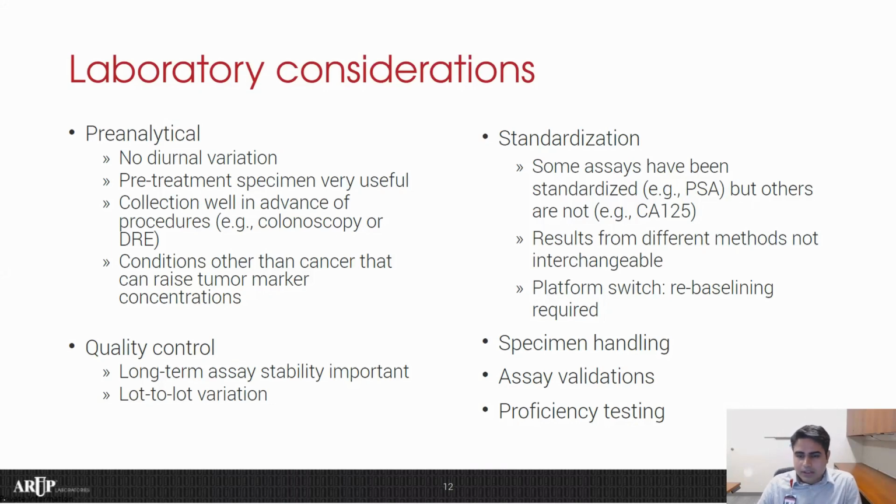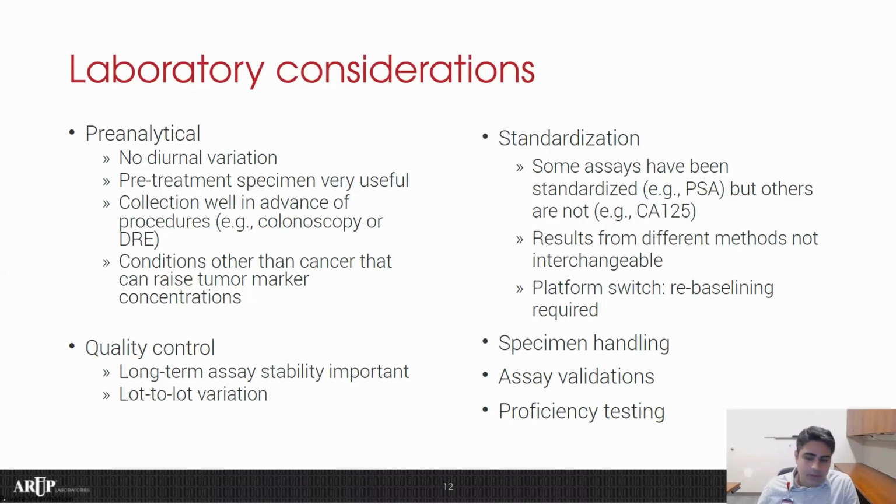Another important consideration for tumor markers is standardization. Some assays, for example, PSA, have been standardized, but others, such as CA125, are not standardized. When I say standardization, I mean manufacturers using the same calibrator material to quantitate the values. As a result, when assays are not standardized, results from different methods are not interchangeable.